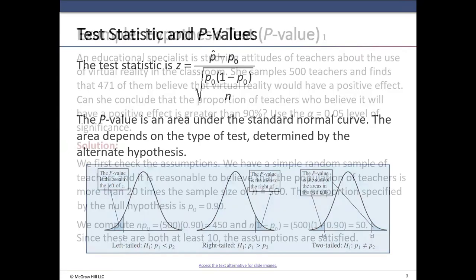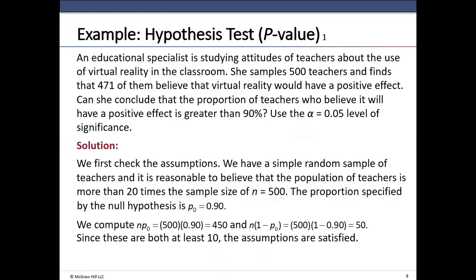Okay. An educational specialist is studying the attitude of teachers about the use of virtual reality in the classroom. She samples 500 teachers, that means n equal to 500, and finds that 471 of them believe that virtual reality would have a positive effect.